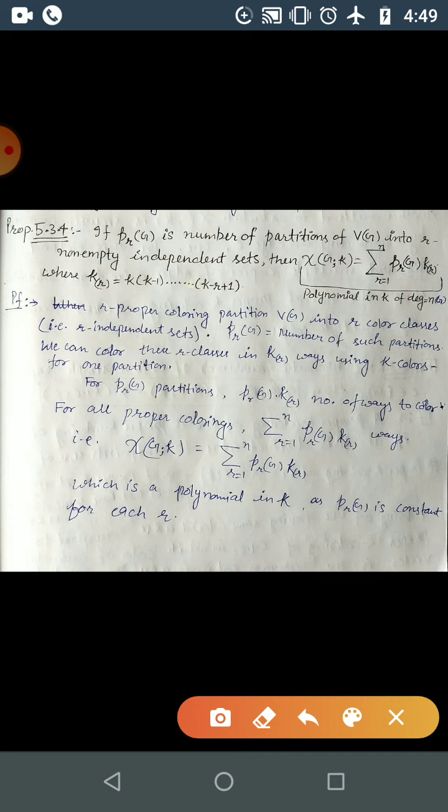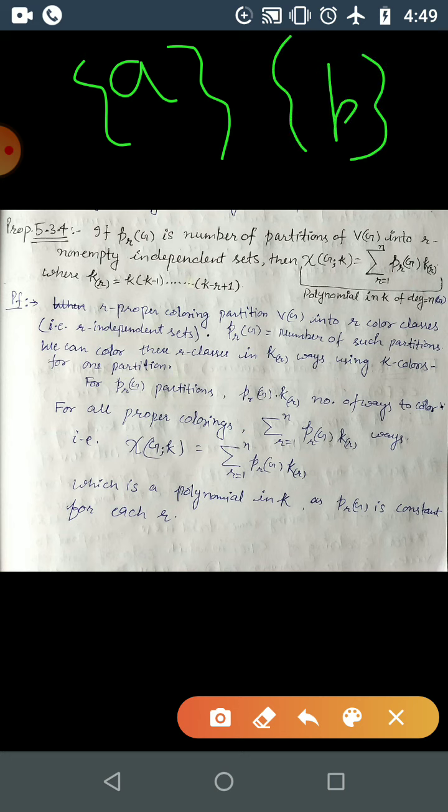So same color, so I can just take the same vertex. Suppose A represents the color class whose color is same as A, and B represents the color class whose color is same as B, and C represents the color class whose color is same as C, correct.